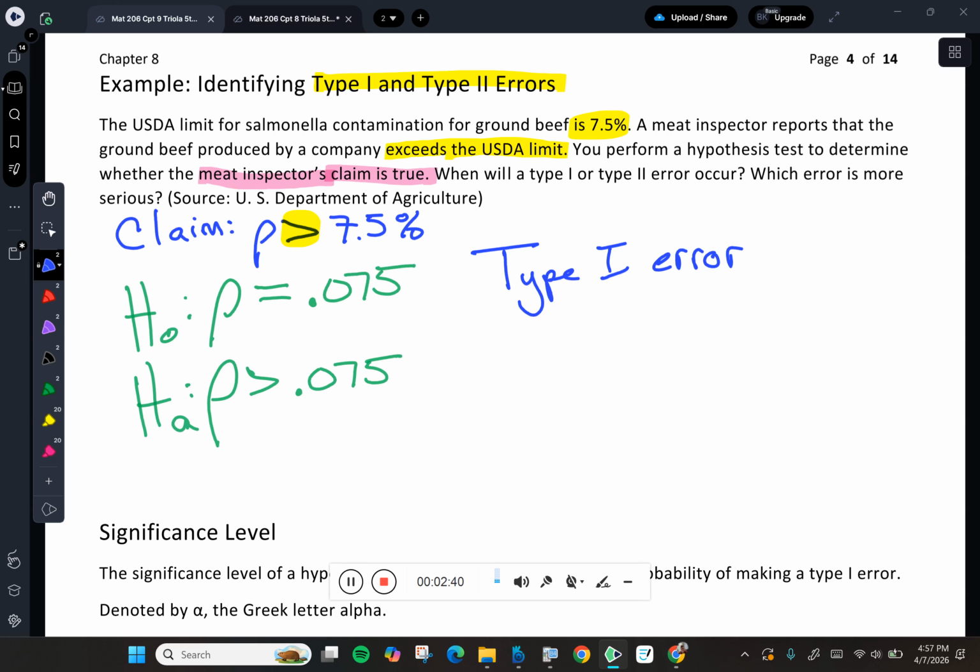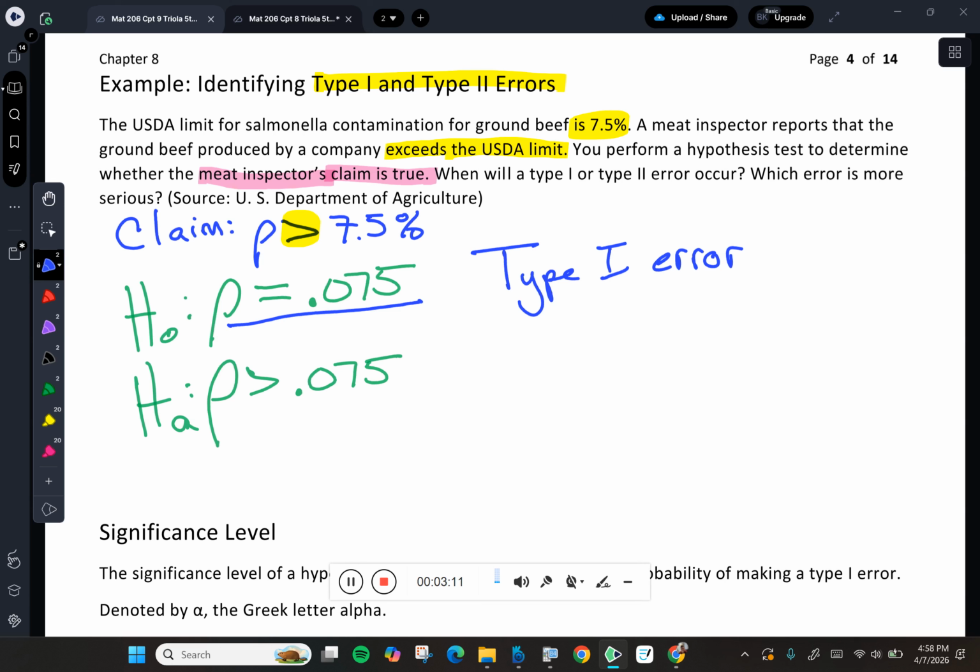Now, if the null hypothesis was true here, then the meat was safe to eat because the null hypothesis says that since it's the complement, the amount of salmonella is 7.5% or less. That's what our null hypothesis is saying. And so a type 1 error is we reject that. We say that it isn't safe to eat when it actually was.